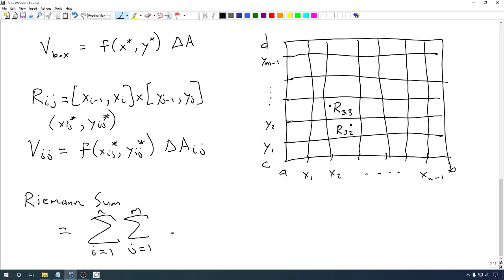And then we just put this formula: f of xij star, yij star, delta Aij.